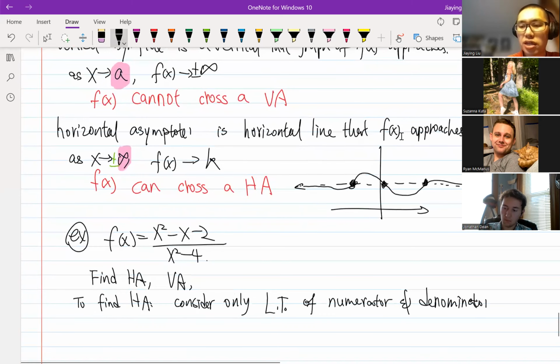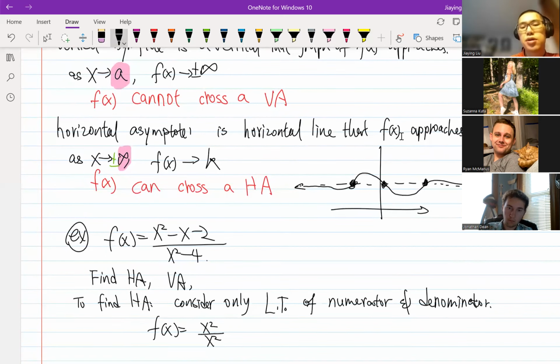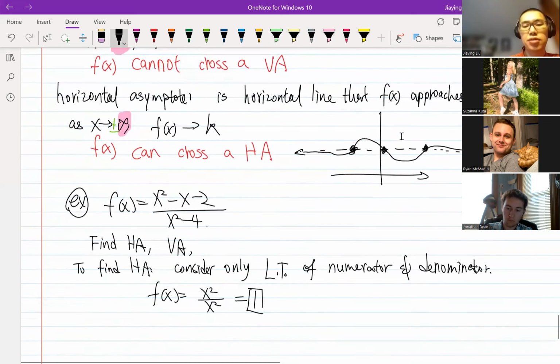And ignore everything else. So if I only consider the leading terms of the numerator and denominator, the leading term of the numerator is x squared, the leading term of the denominator is x squared. So if I take x squared divided by x squared, simplify, I end up with 1. So this is y equals 1. This is my horizontal asymptote.